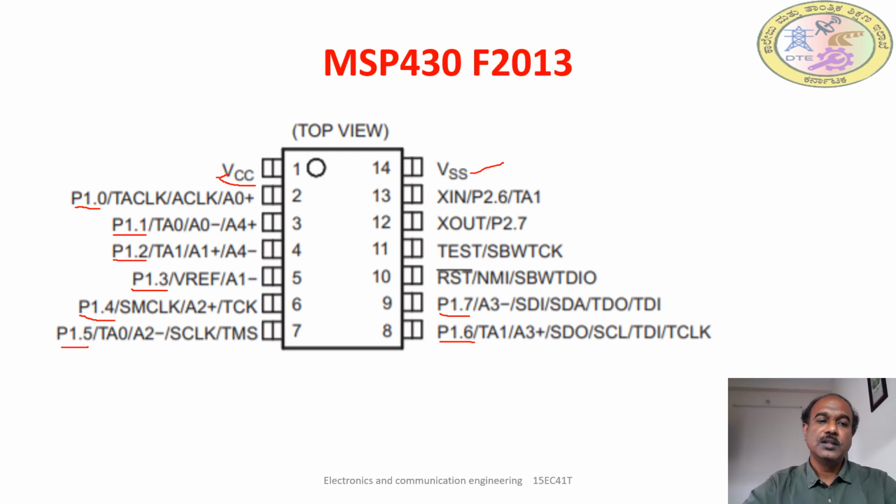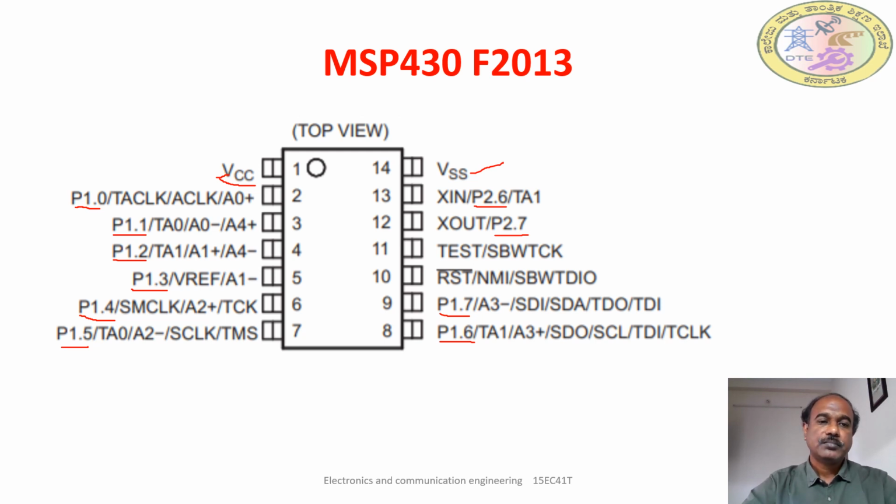So there are 8 pins, 8 bits, in port P1, P1.0 to P1.7. And there are only 2 bits available in port P2, that is P2.6 and P2.7.